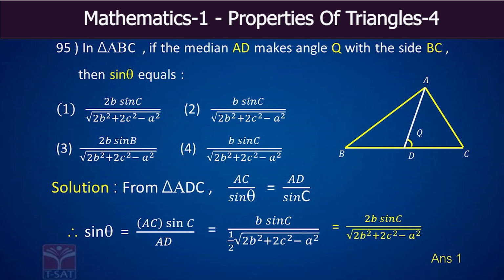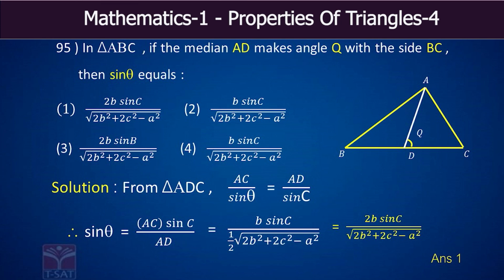In triangle ABC, if the median AD makes angle theta with the side BC, then sin theta is equal to 2b sin C by square root of 2b square plus 2c square minus a square, and so on.